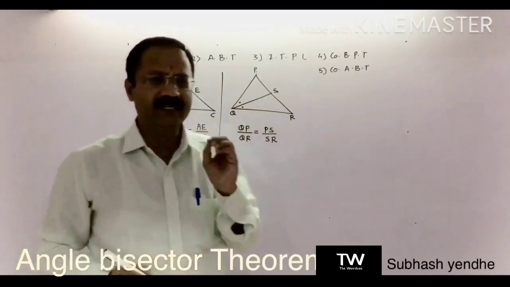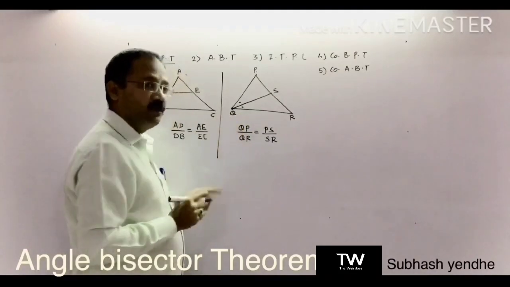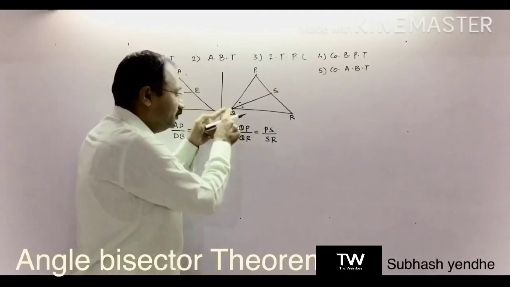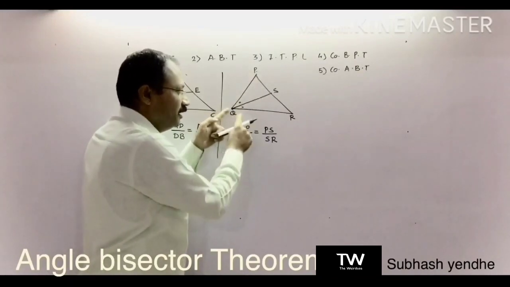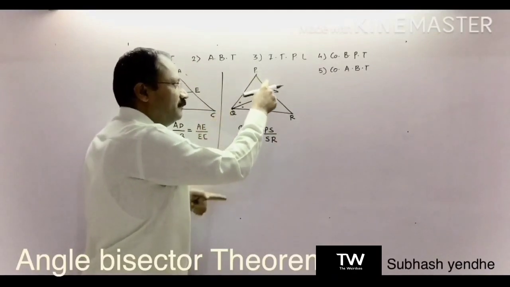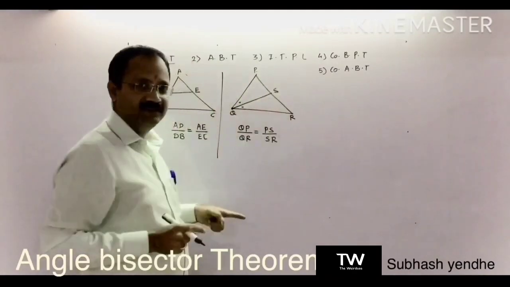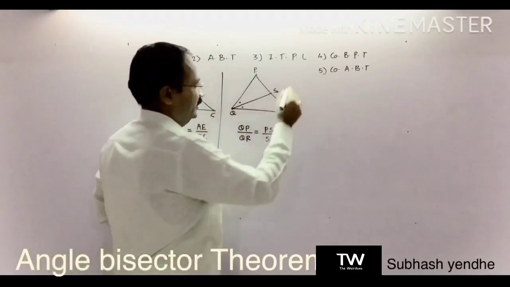There is a simple trick to remember. Where is the angle bisector? At the point Q. So put your finger on Q, then we can start QP upon QR. Then start from P point, PS upon SR. This is called angle bisector theorem.